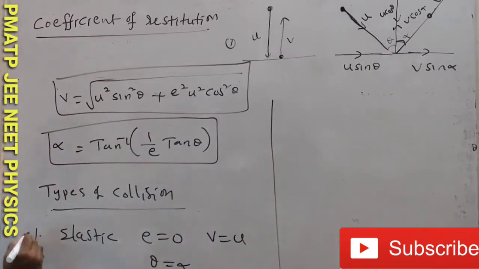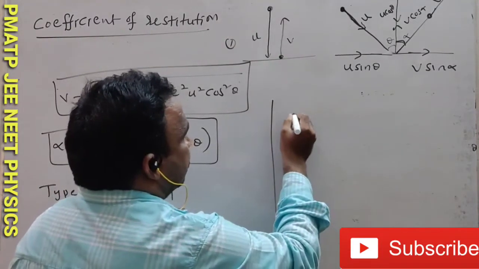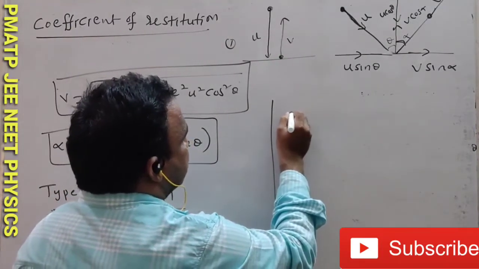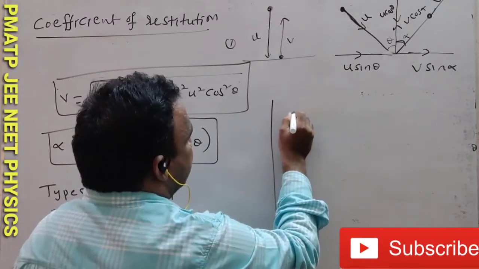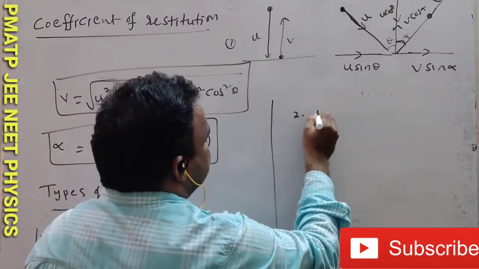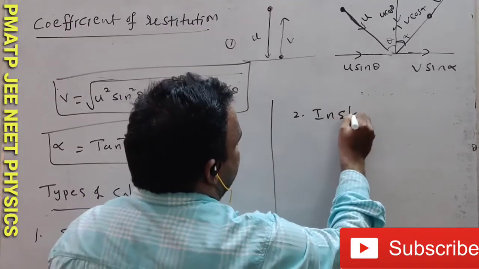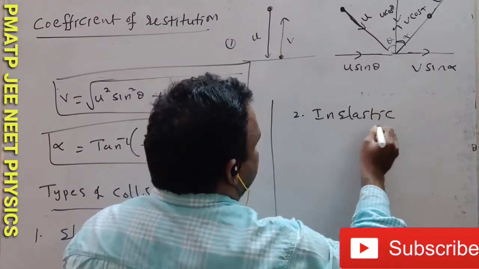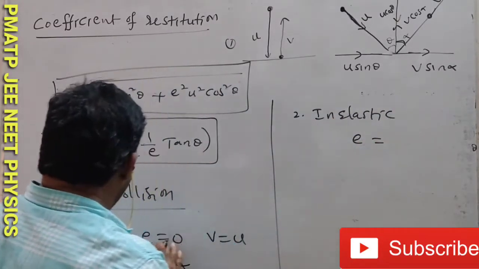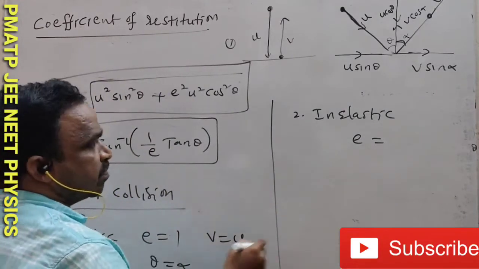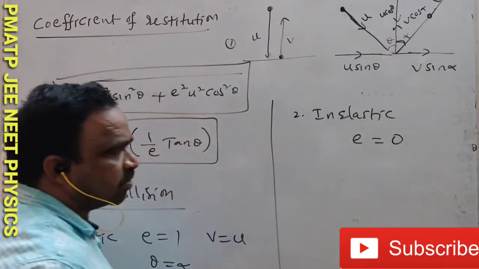The second one is perfectly inelastic. For inelastic, e is equal to 0.